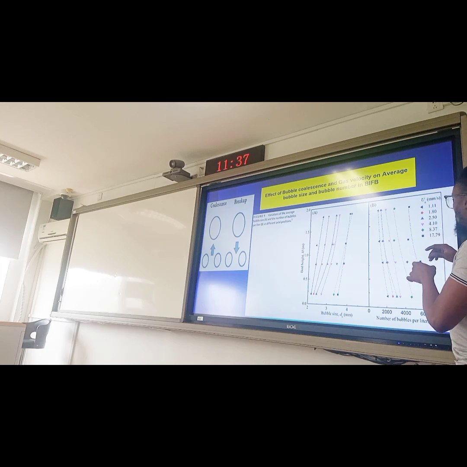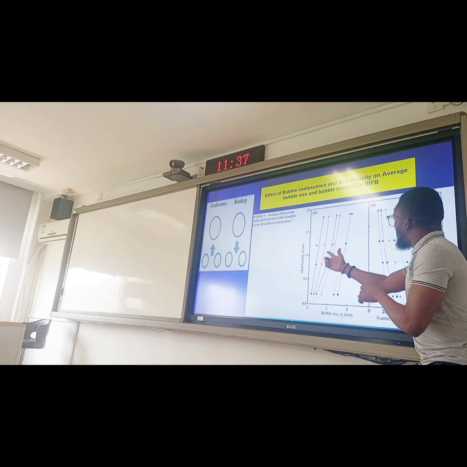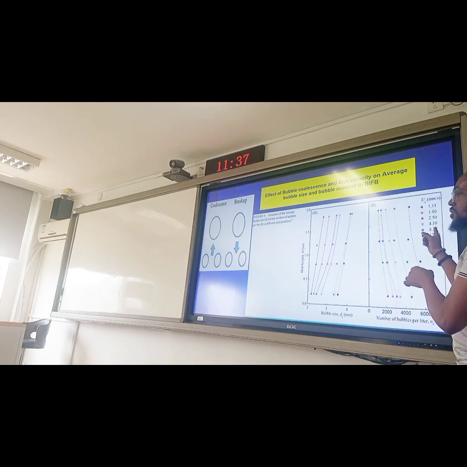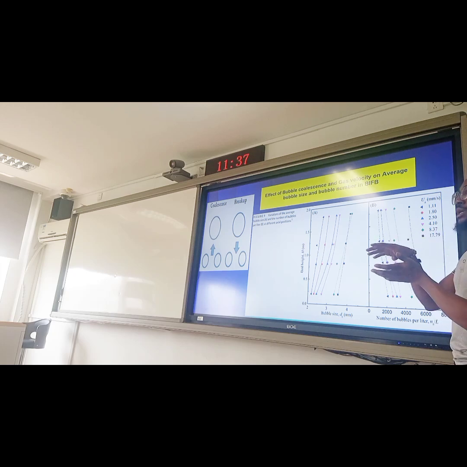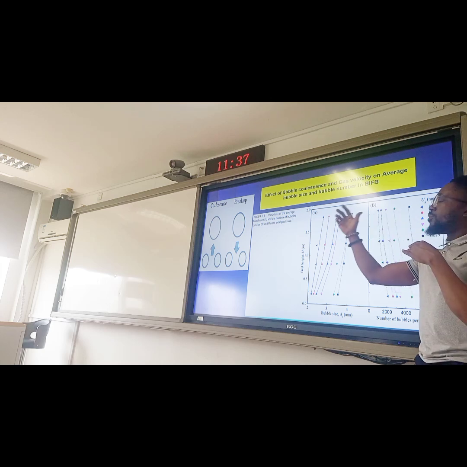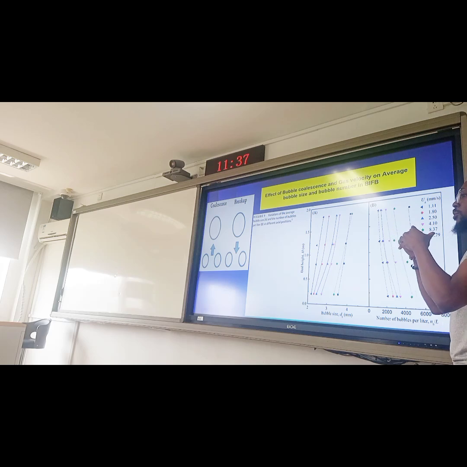As the gas velocity keeps increasing to 8.37, according to this study, there seems to be some bubble breakup. But beyond a gas velocity of 8.37, there tends to be a kind of dynamic equilibrium between bubble coalescence and bubble breakup.